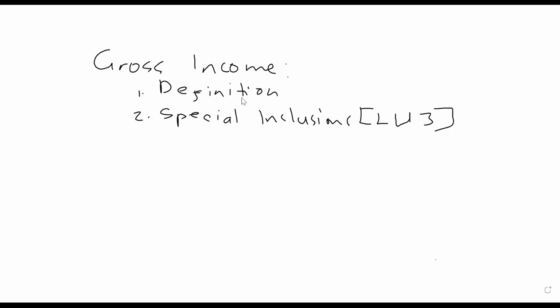I'm pointing it out because in my notes, you'll notice I've indicated something to do with special inclusions, but not as extensively as it ought to be. So I'm going to give you updated notes when we get to Learning Unit number 3, where we'll deal with the specificities of the different special inclusions to gross income.